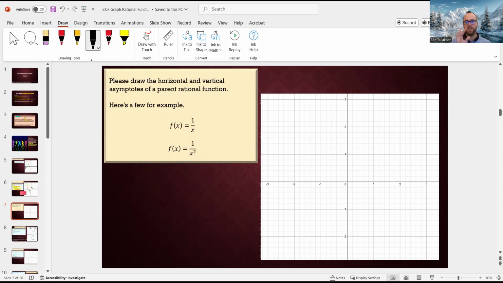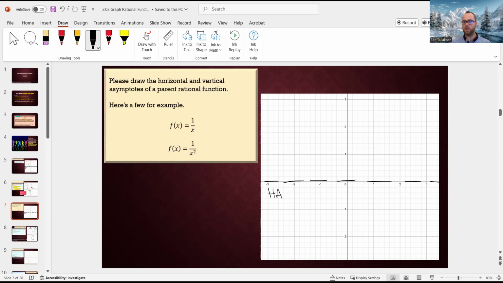Okay, we're not really going to get into this because we're not so much worried about graphing this all the way, however that may look. We're more concerned with where the horizontal and vertical asymptotes of the parent functions are. And they are always here. We just saw that one, right?